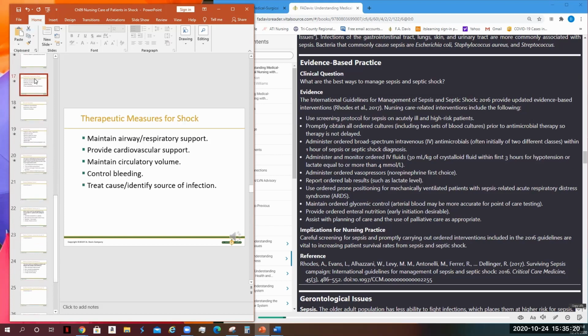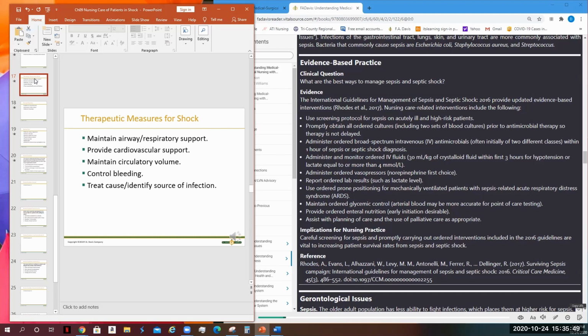promptly obtain all ordered cultures, including 2 sets of blood cultures prior to antimicrobial therapy so that therapy is not delayed, administer ordered broad-spectrum IV antimicrobials, often initially with 2 different classes, within 1 hour of sepsis or septic shock diagnosis.